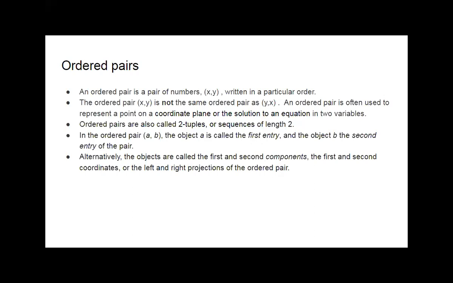An ordered pair is often used to represent a point on a coordinate plane or the solution to an equation in two variables. We have solved equations with two variables, and the values of x and y there are also called an ordered pair.